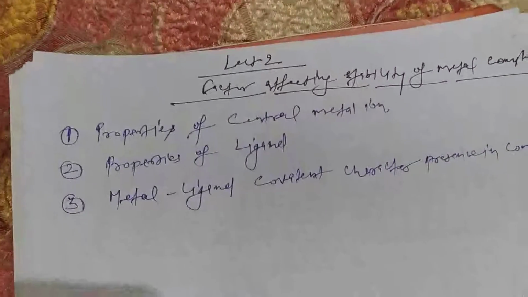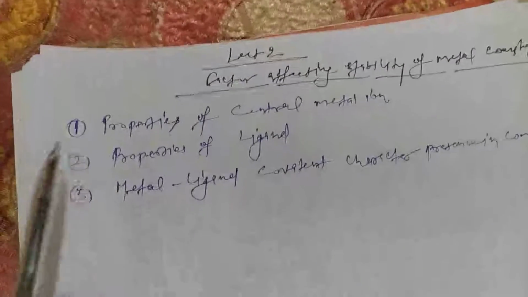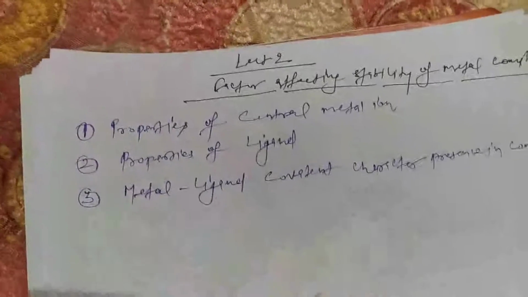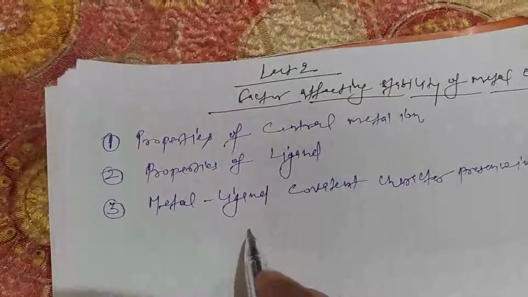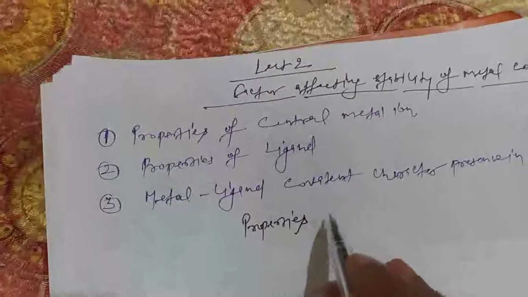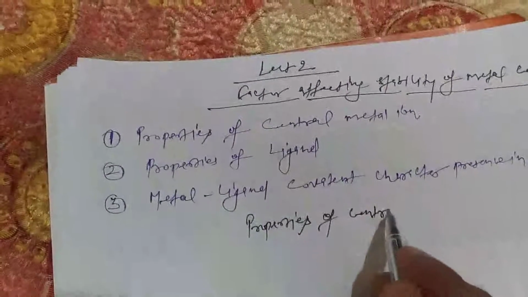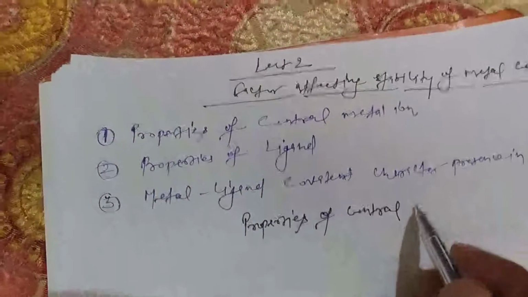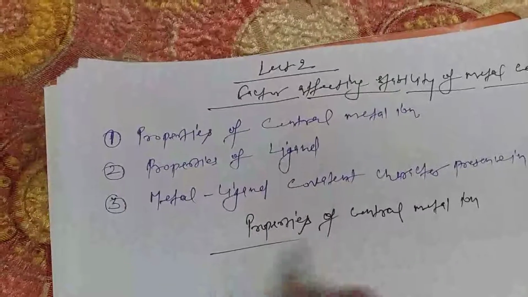This is quite a big topic, so in today's lecture I will take only one, and that is the properties of central metal ion. Under the properties of central metal ion there are several factors, so we will discuss them one by one. Today we will discuss only the first one.